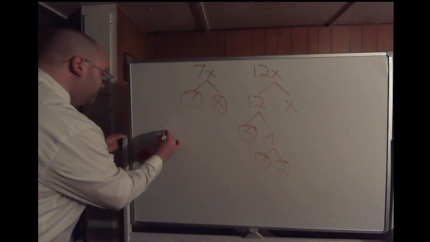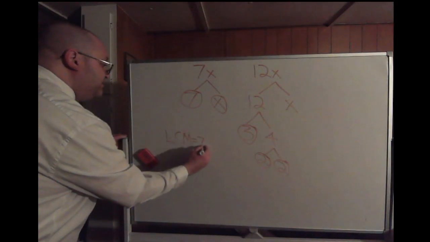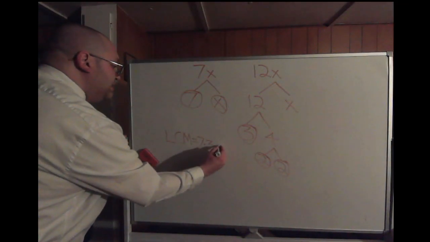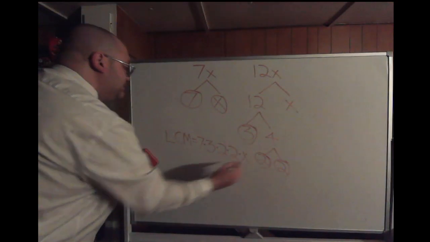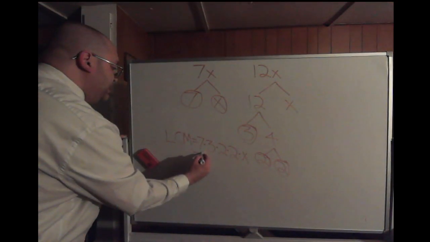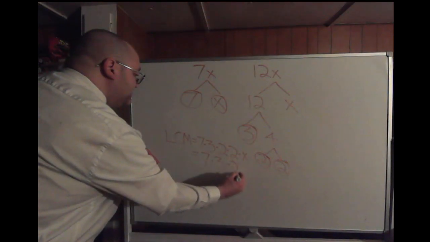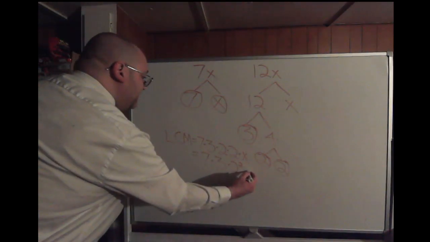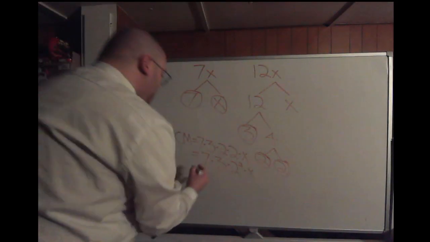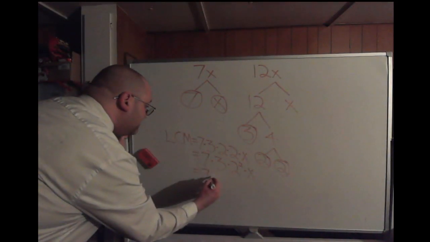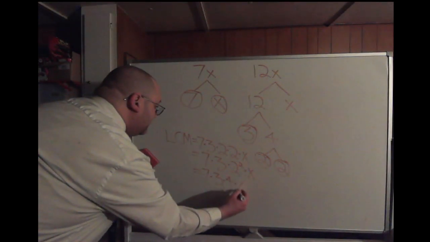So your least common multiple is going to be equal to 7 times 3 times 2 times 2 times x, which we know we have 7 times 3 times 2 to the 2nd times x, which would be equal to 7 times 3 times 4 times x.